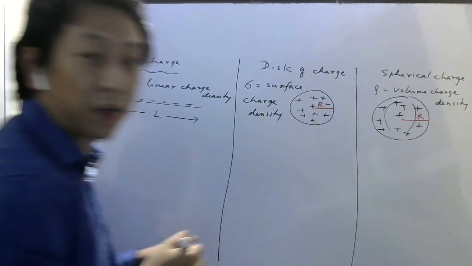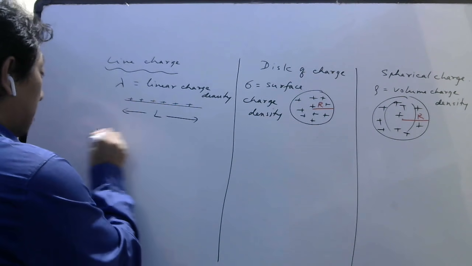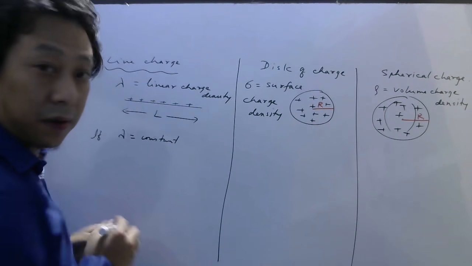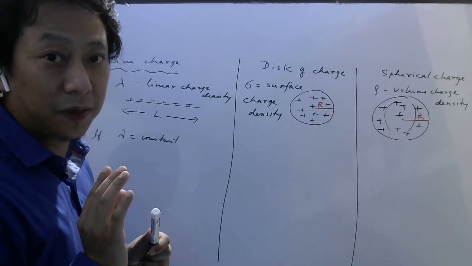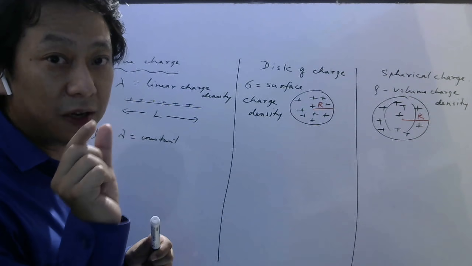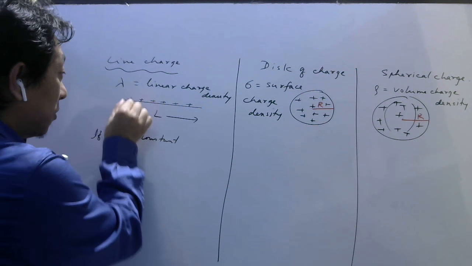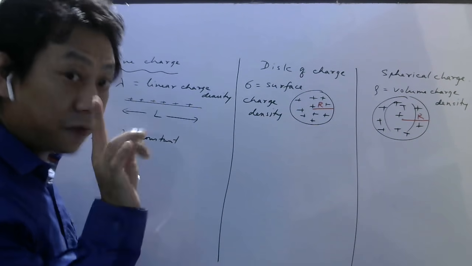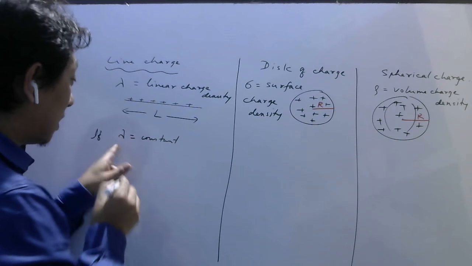Correct now? Okay. Now, if lambda is constant, just like speed, if distance by time is constant, it means for every second you cover the same distance. So if lambda is constant, what does it mean? For every meter there is the same charge. Listen carefully. For every meter there is the same charge. Then it means lambda is constant.